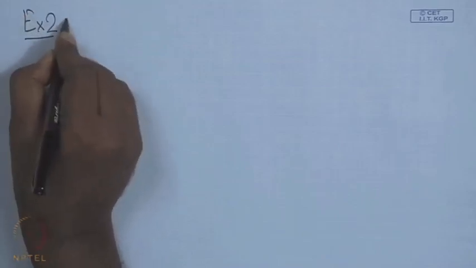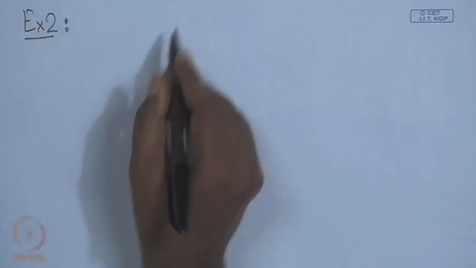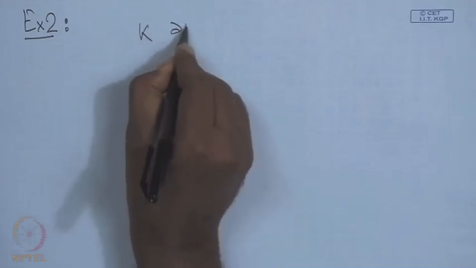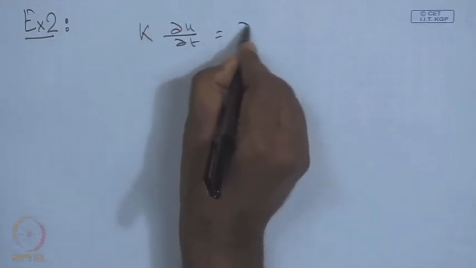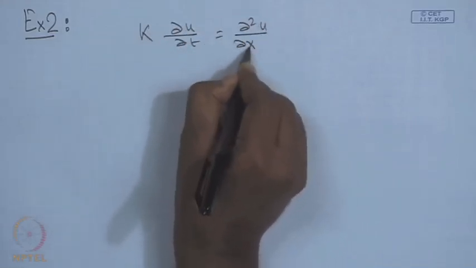Next, we will look into example 2. In this example, k of del u del t is equal to del square u del x square.